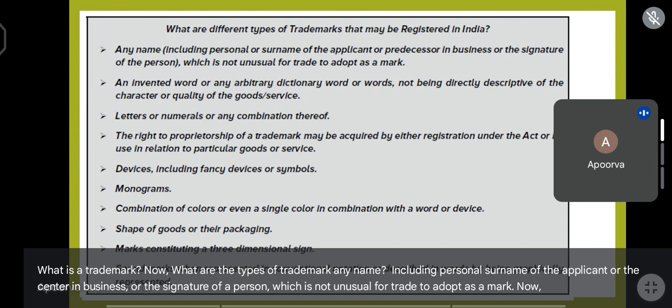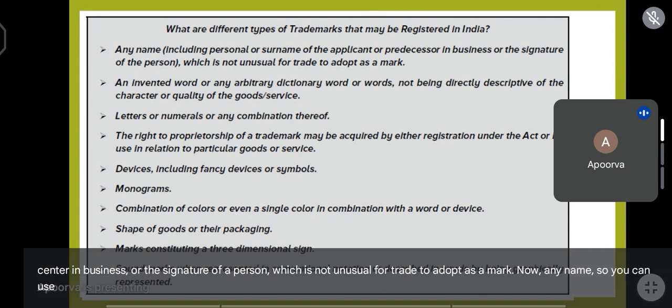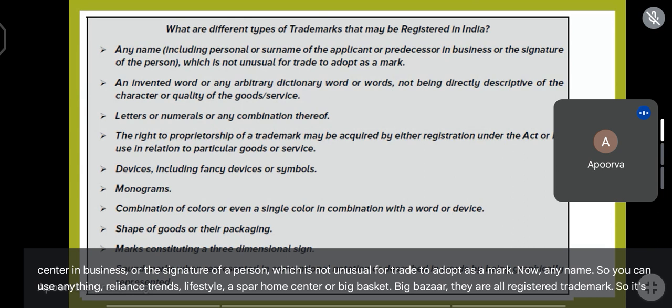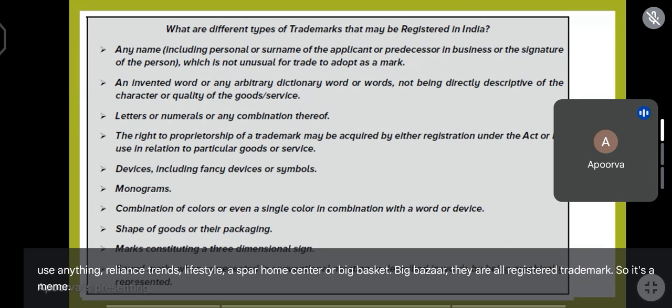Now, any name, so you can use anything. Reliance Trends, Lifestyle, Home Center, Big Basket, Big Bazaar, they are all registered trademarks. Then an invented word or any arbitrary dictionary word not being directly descriptive of the character or quality of goods and services.